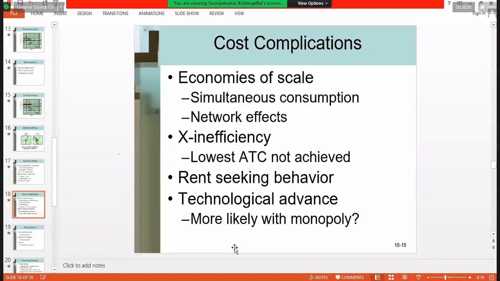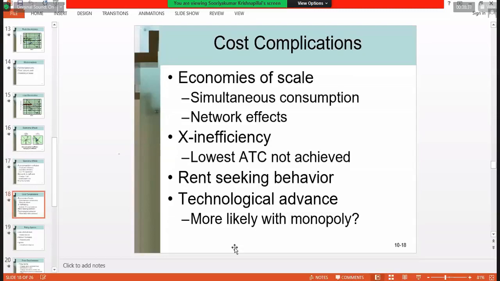So that is not simultaneous consumption. Different quantity unit. But software, it's only one software, many consume at the same time. They download and install. So that is simultaneous.